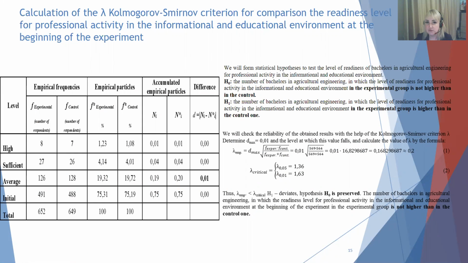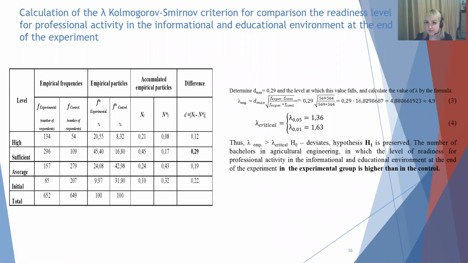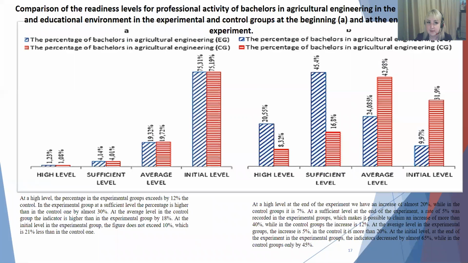The Kolmogorov-Smirnov criterion is calculated for comparison of the readiness level for professional activity in the informational and educational environment at the beginning and at the end of the experiment. The number of bachelors in agricultural engineering in which the level of readiness for professional activity in the informational and educational environment at the end of the experiment in the experimental group is higher than in the control is presented.